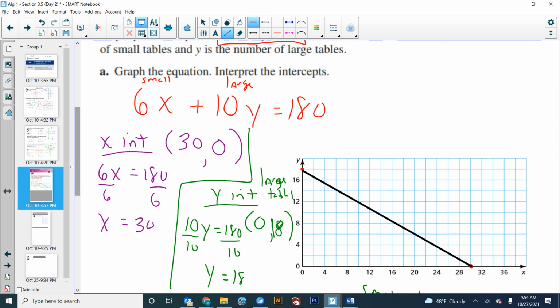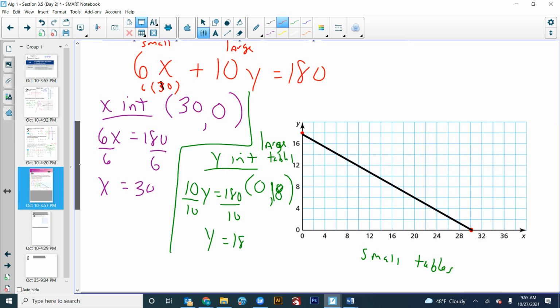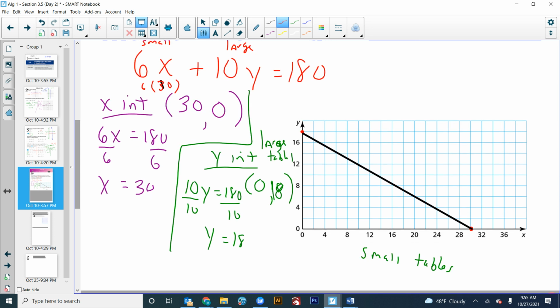Right here. Guys, what's 30 times 6? What's 30 times 6? 180. There's 180 people. Okay? What does 0, 18 represent?